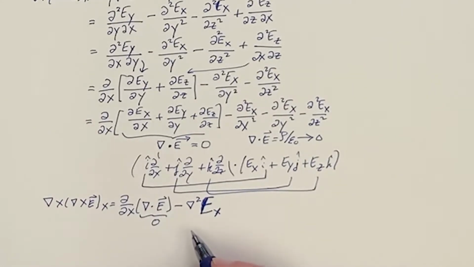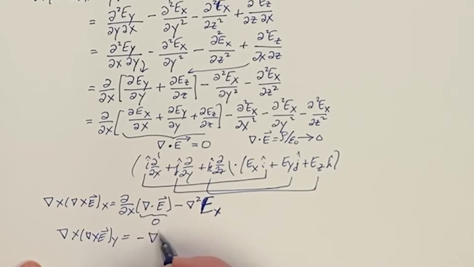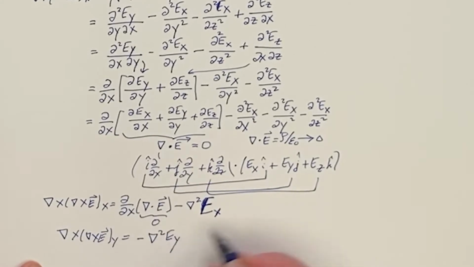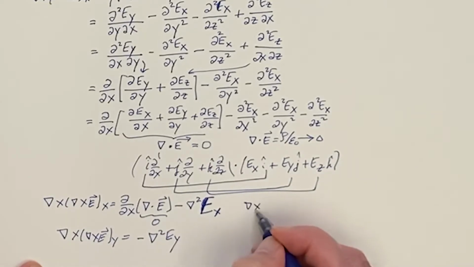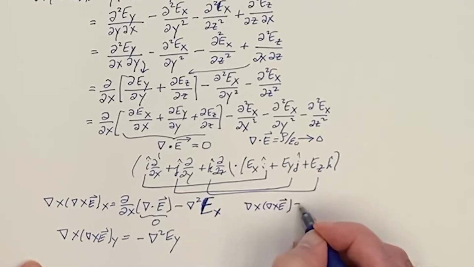Now, do we really need to do the y case? What we would get if we did the y case? Wouldn't we get minus del squared Ey? And then if we did the z case, we'd get del squared Ez. So in other words, we could write down the vector form, the complete form of this whole thing.